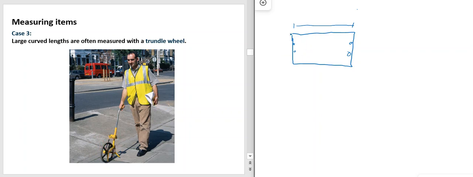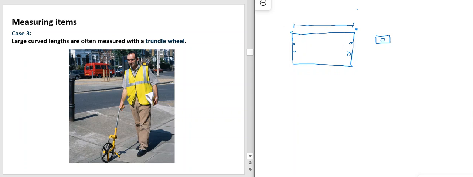And what you do is you start on one end and you roll it along until you get to the other end. And then on the trundle wheel, there'll be a reading, and you just take the reading from the trundle wheel. And that can be used to measure big distances. So for example, the length or width of a rugby pitch.